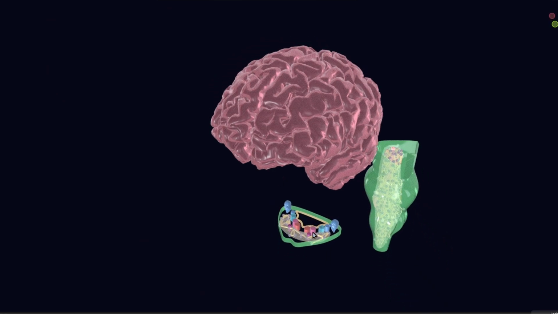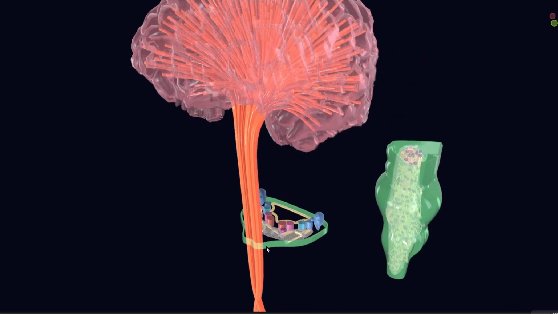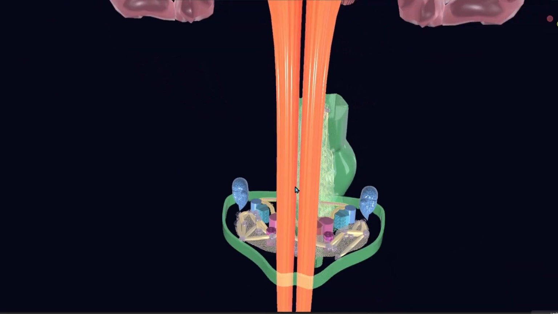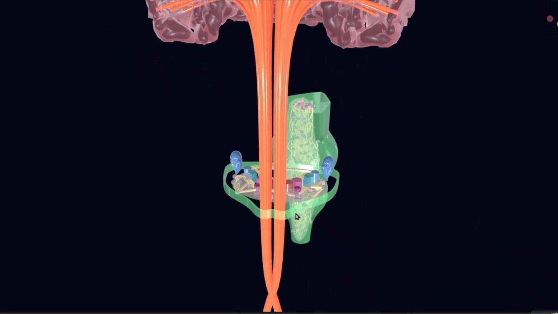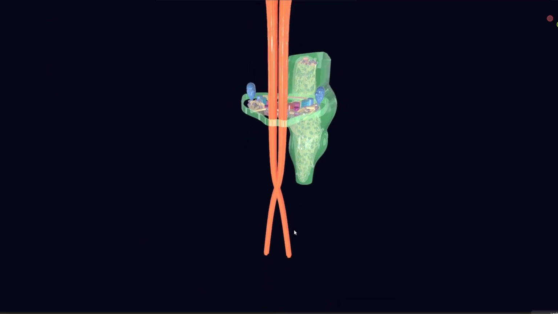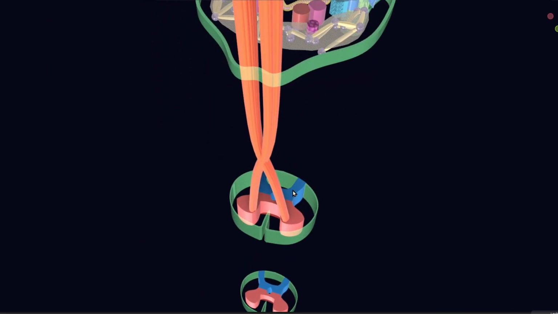As they go downward, they will have to pass through the medulla, from the upper part as well as the lower part of the medulla. These fibers will be seen in all parts of the brainstem, in the midbrain, pons as well as medulla, because ultimately they are going to the spinal cord, to the ventral horn of the spinal cord.